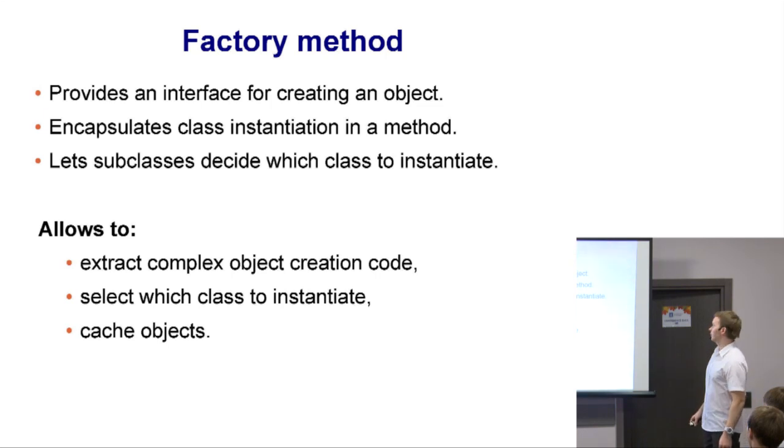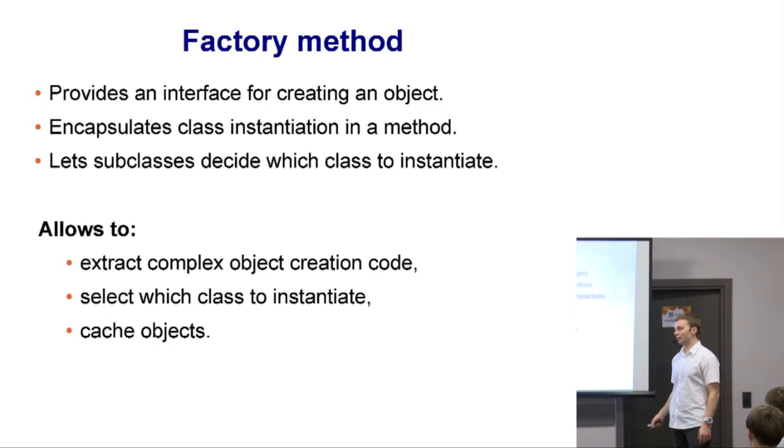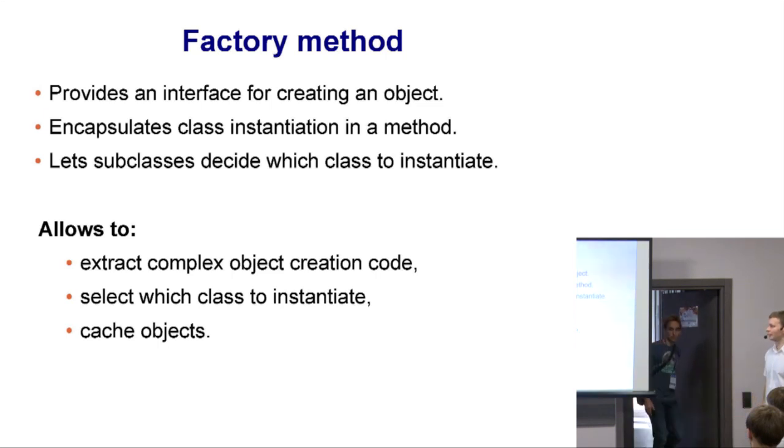The factory method pattern provides an interface for creating an object, but encapsulates the actual class instantiation in a method, and it lets subclasses decide which class to instantiate. In this presentation, we will use a slightly different version of the pattern that is known as a static factory method that avoids subclassing, so we cannot override the method and we have to do all the instantiation in one place.